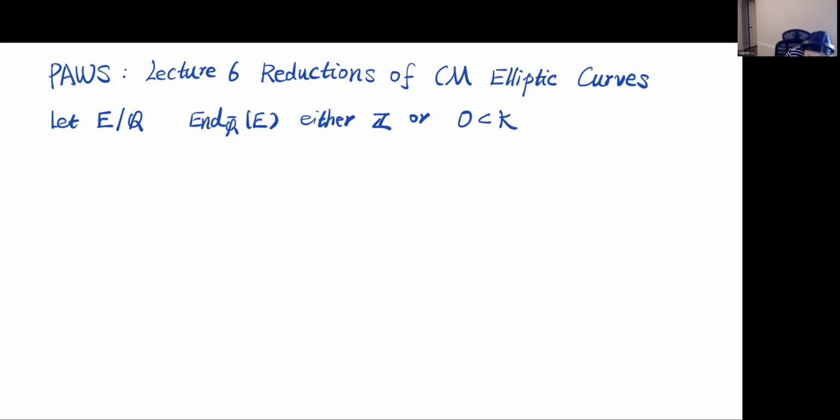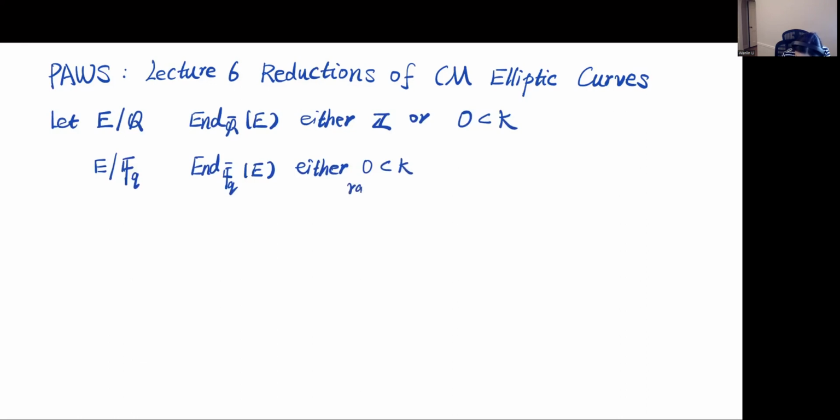And we also briefly mentioned that if I have an elliptic curve E defined over a finite field FQ, then the endomorphism ring of E over FQ bar is either an order in an imaginary quadratic field.